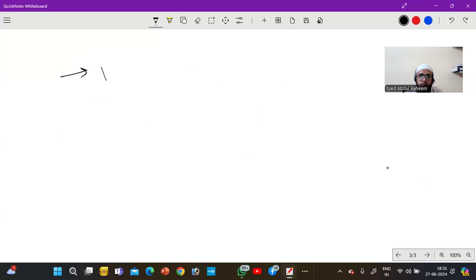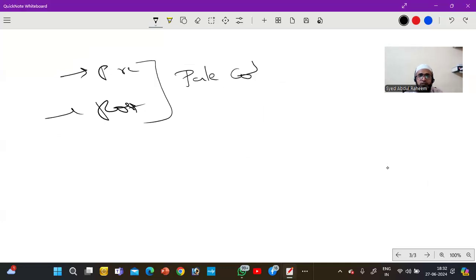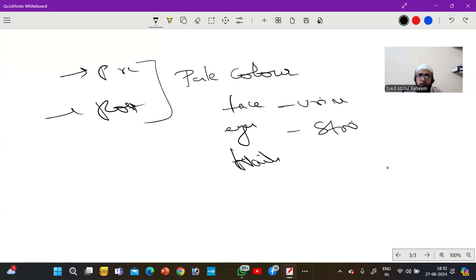In pre and post hepatic, the main thing you can see is a pale color in the face, in the eyes, in the nails, in the urine, in the stool. Stool and urine changes are mostly post hepatic.